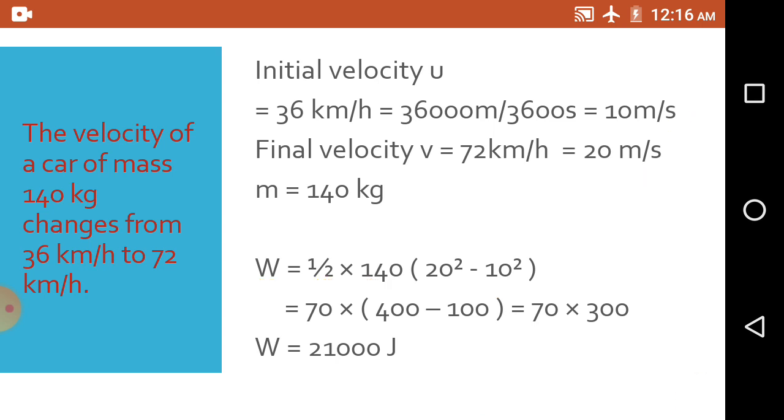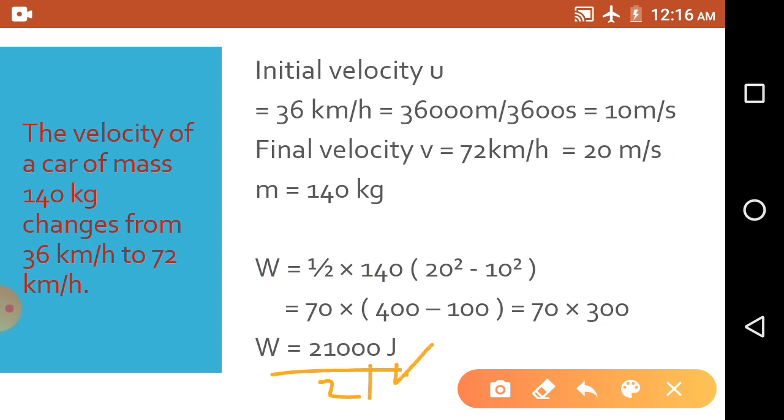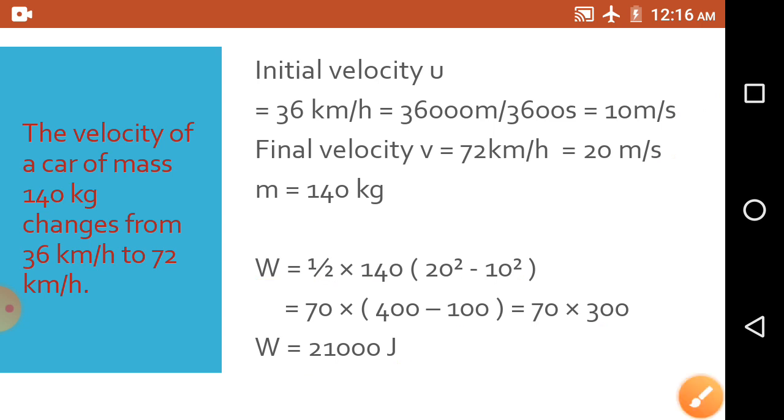So we know the calculation: 1 by 2 into 140, that is 70, into 400, 20 square, minus 100, 10 square, that is 300. So the answer is W equal to 21,000 joule, or we can say 21 kilojoule. This one is the answer.